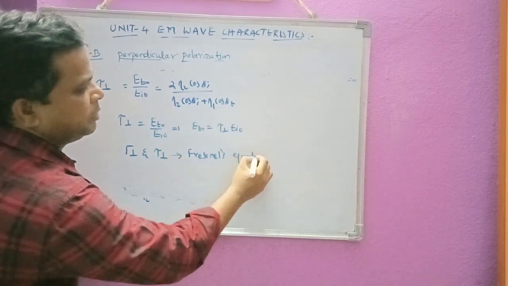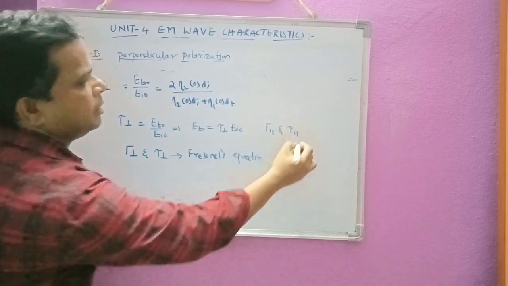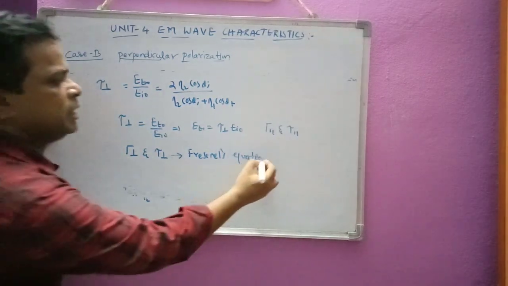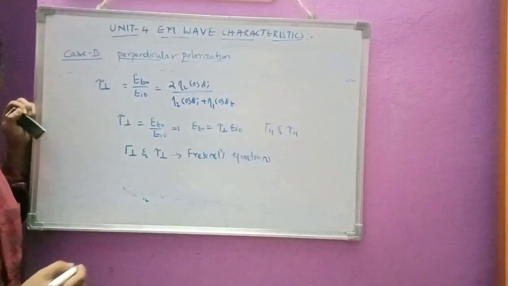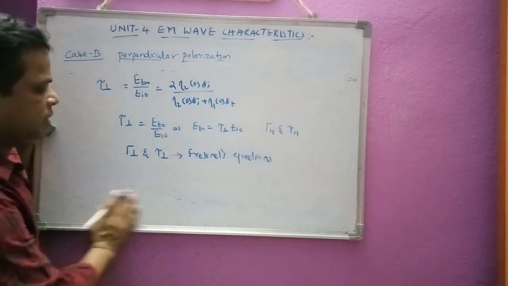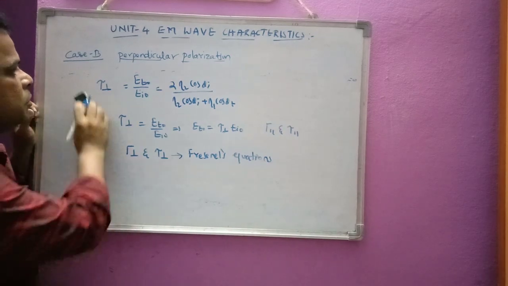As we have derived gamma parallel and tau parallel, those equations are also termed as Fresnel's equations here, and these equations are also termed as Fresnel's equations. Now we will try to show that 1 plus gamma perpendicular is equal to tau perpendicular.